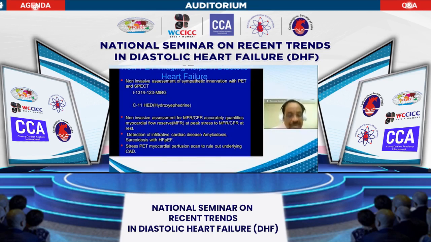Then comes the very important one, which I am going to speak about in detail: non-invasive assessment of myocardial flow reserve, or coronary flow reserve, which accurately quantifies myocardial flow reserve from peak stress to rest, where there is a normal ejection fraction and a reduced myocardial flow reserve.